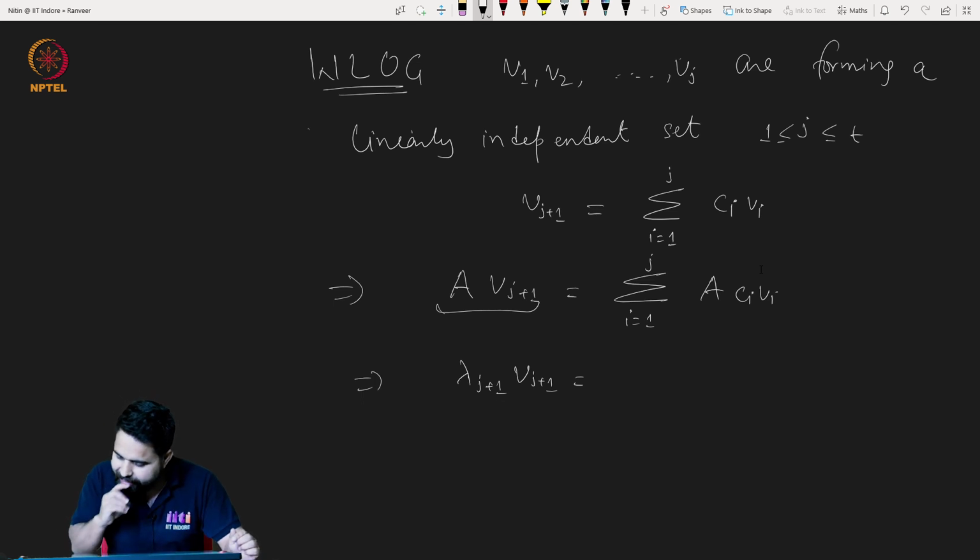So this we can write as the summation i equals 1 to j of lambda_i c_i v_i.